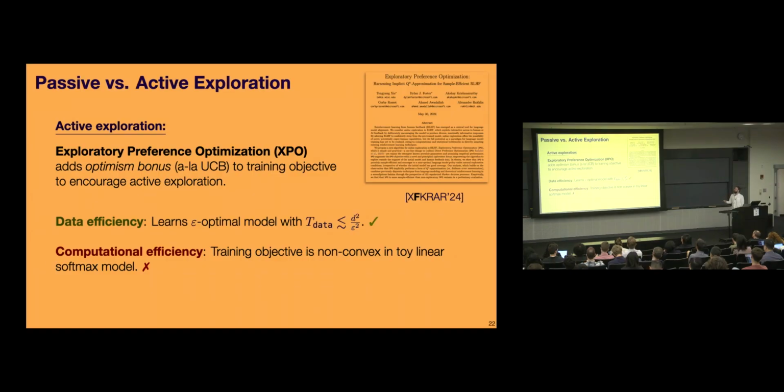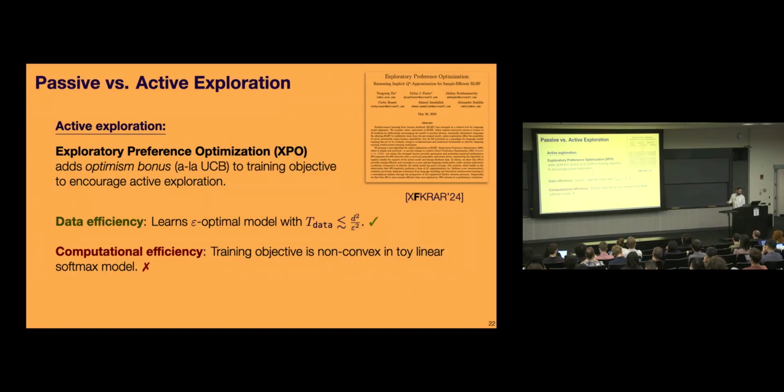On the statistical side, this algorithm can do much better than passive exploration. The amount of data it needs is always just polynomial in your feature dimension and in the accuracy that you want to learn the model to, irrespective of whether the base model has good coverage.